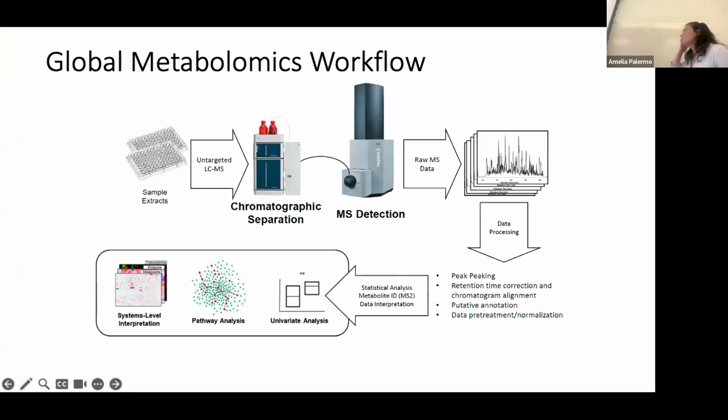Okay. So we need to make those molecules visible to the mass spec. How many of you are familiar with mass spectrometry? Okay. What is the fundamental principle of mass spectrometric detection? Ionization? Yes. Okay. So we need to ionize, separate and measure, right?